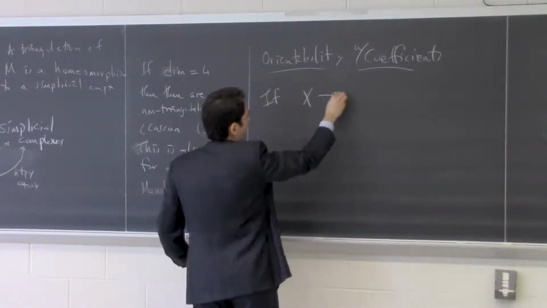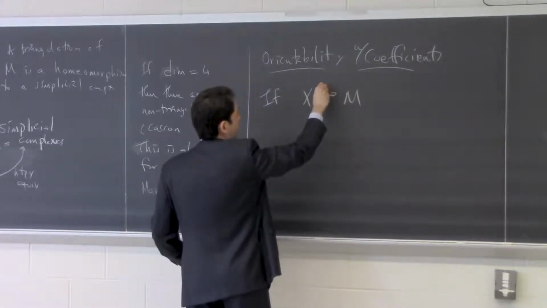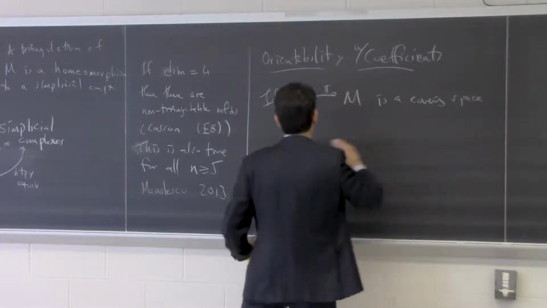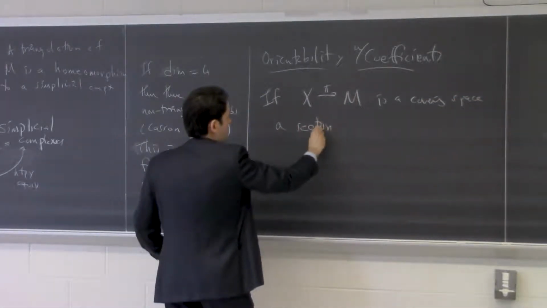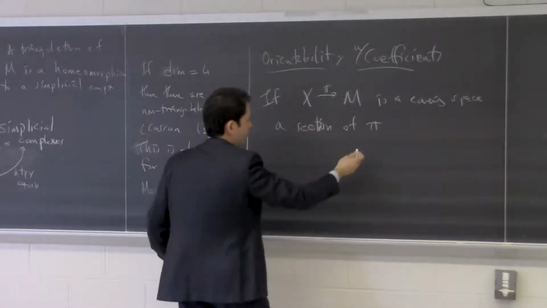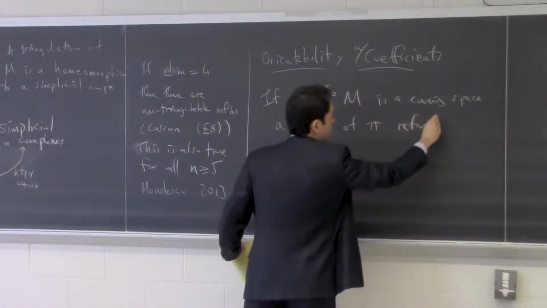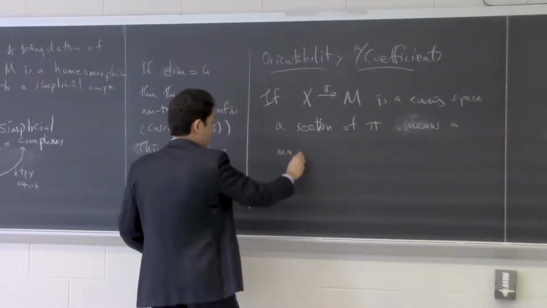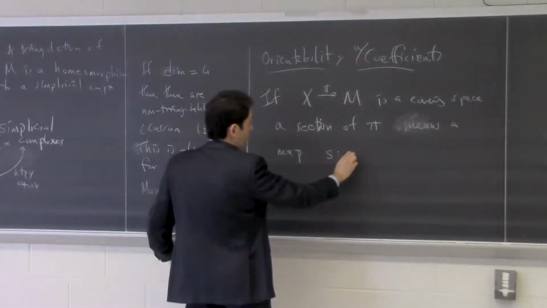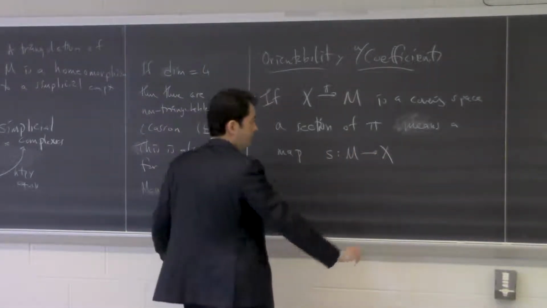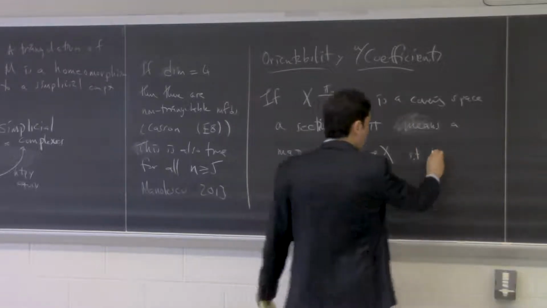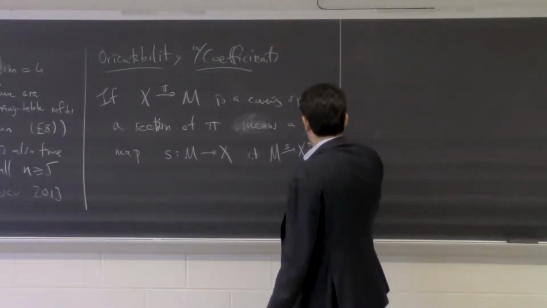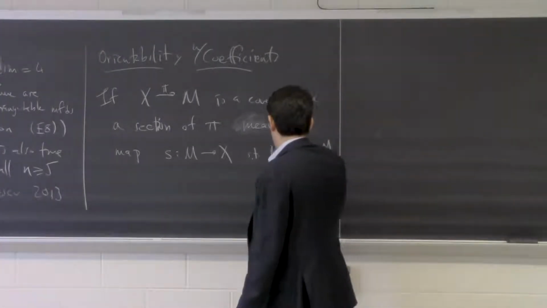So if this is a cover, a section of pi means a map, say S for section, that goes the other way, such that if you start at M, you go up to X by this section, then you go down back to M, this is the identity.